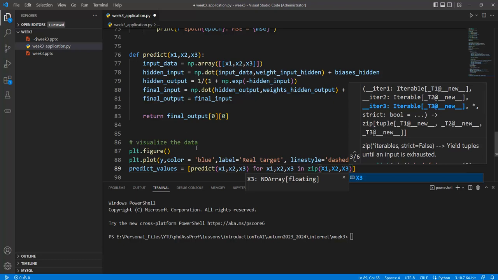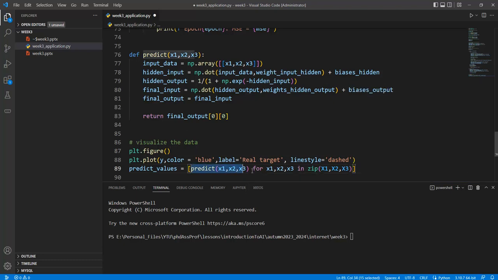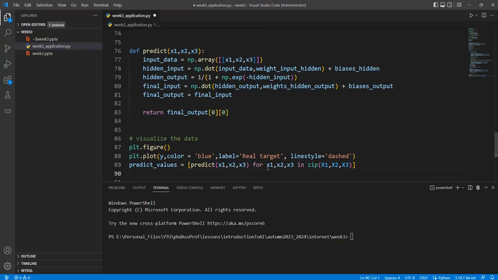This is a standard idiom for utilization of the x1, x2 and x3 in a simple for loop. This is the idiom of Python. And so we can search the whole data and assign the whole data into the predict, and then we can create the list values. Standard syntax rule in here.